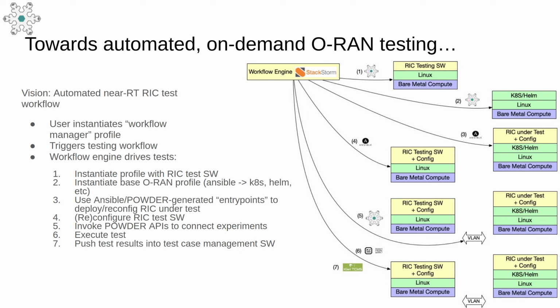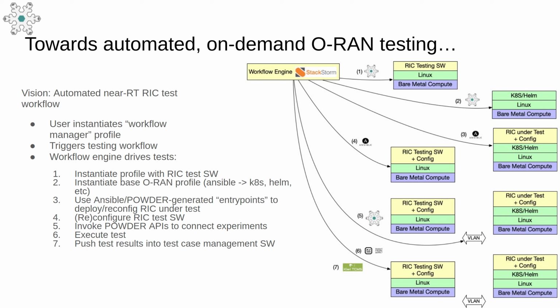And both of those are stood up by invoking the POWDER API through the StackStorm plugin. And in step 3, a bit of Ansible and POWDER automatically generated entry points are invoked to reconfigure the deployed Kubernetes RICs according to the parameters of the test.